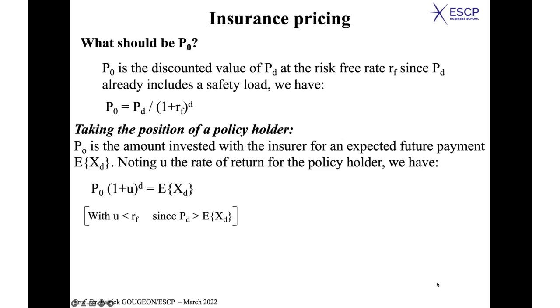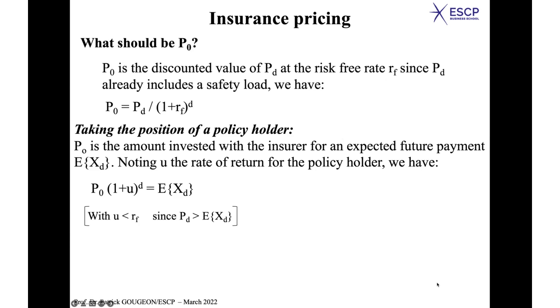When I say group, I mean the whole population of policyholders, okay? Altogether, they contribute an amount which is P0, and this is their precautionary saving, they entrust the insurer with, okay? P0 is the amount invested with the insurer for an expected future payment of E of XD. In other words, policyholders invest P0 and they expect in return the total amount of claims to be paid back, which is E of XD.